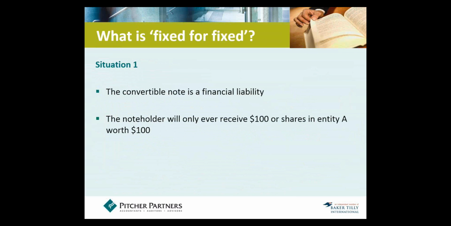So your note holder, entity B, is not taking equity type risk. They're taking a debt risk. And therefore this convertible note would be a financial liability in the records of A, because we don't have this fixed for fixed criteria, it's a variable number of shares.